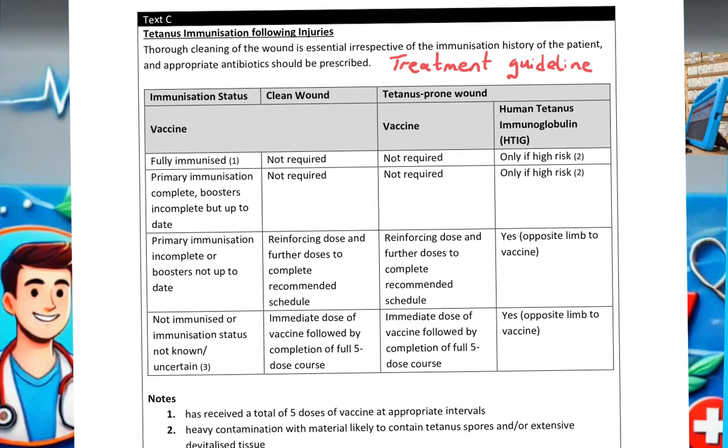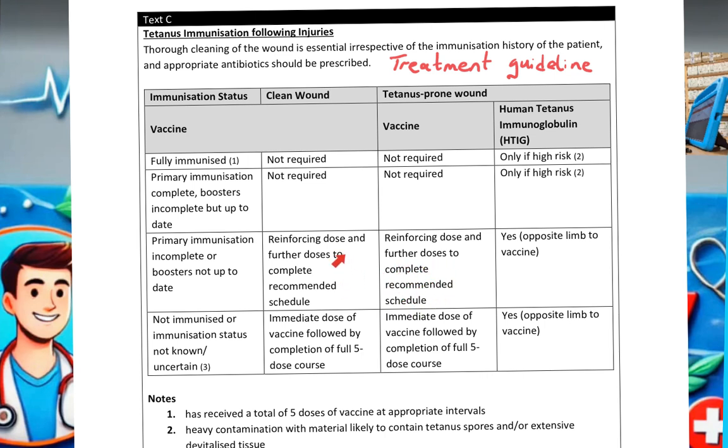So we have vaccine, we have clean wound, we have tetanus prone wound, and vaccine. We can see not required, not required, not required, not required. Reinforcing dose and further doses to complete the recommended schedule.